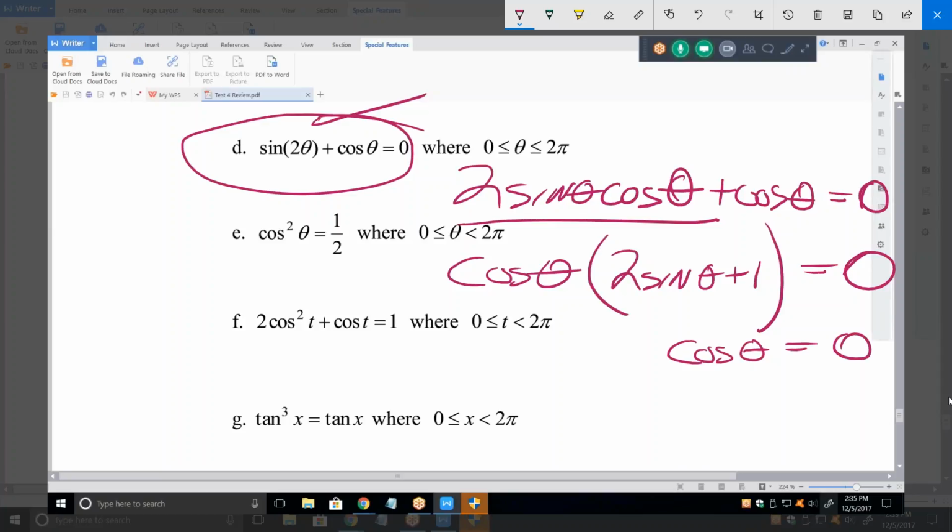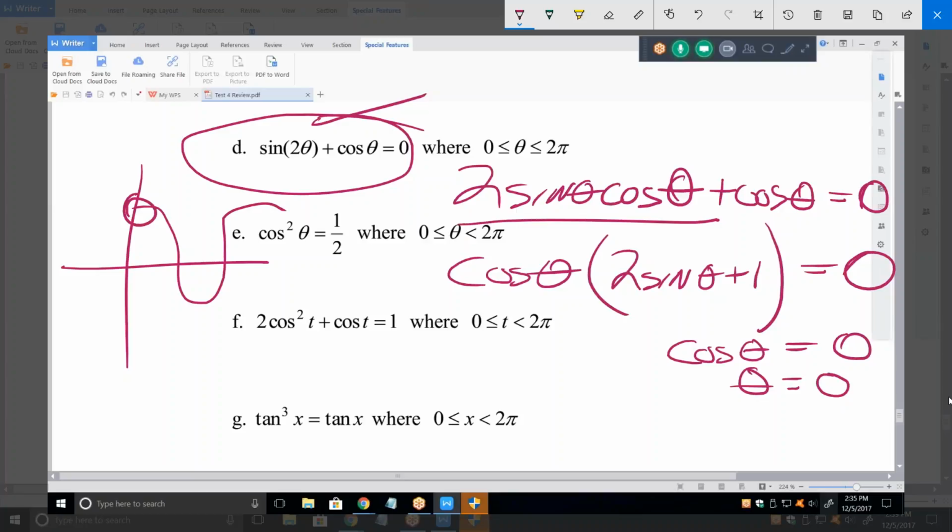Where does that occur? In the unit circle. If I draw the cosine curve, there's only one place right there where it's equal to 0. My apologies.